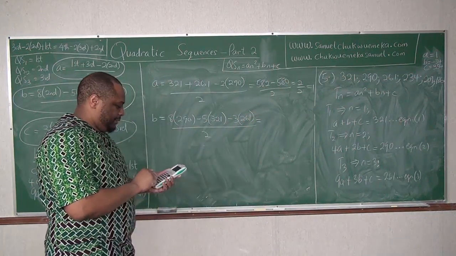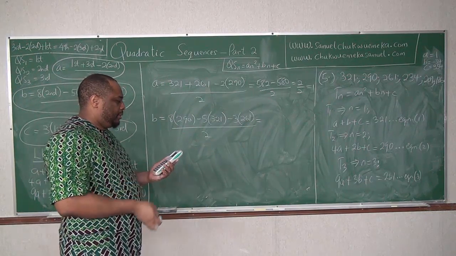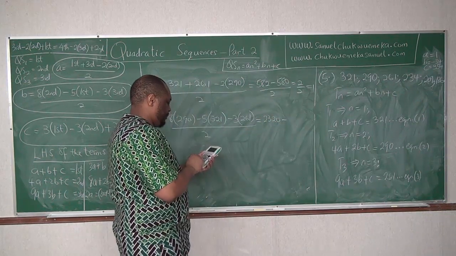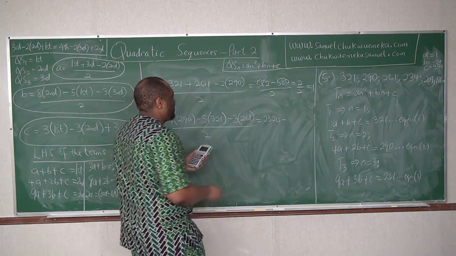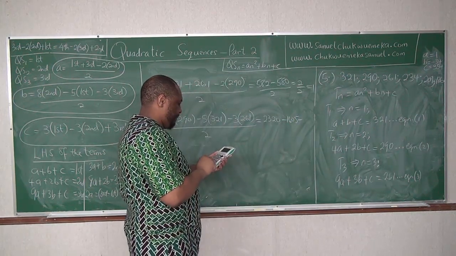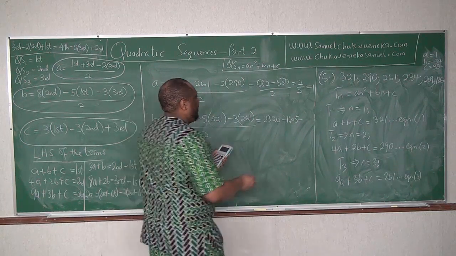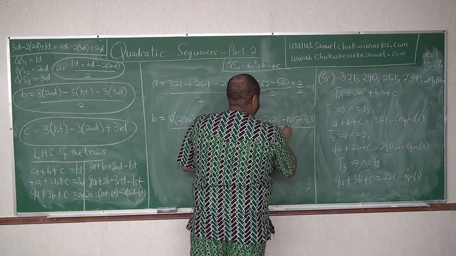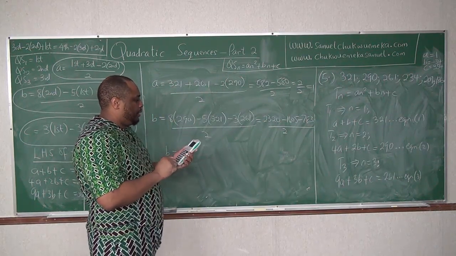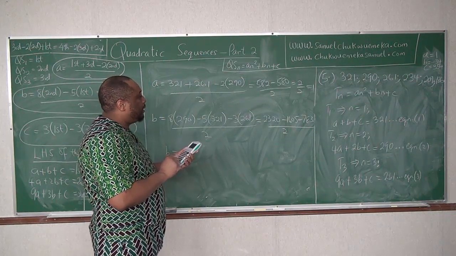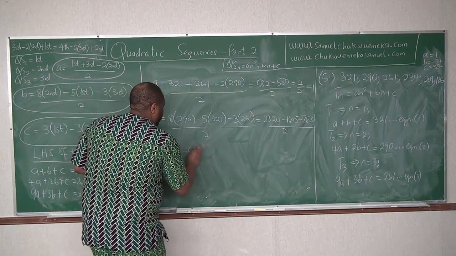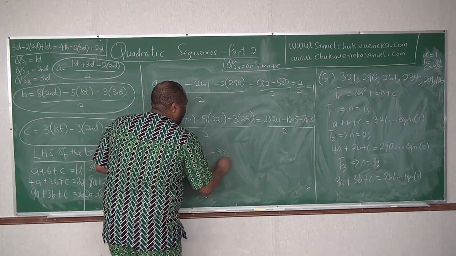So this gives 2320 minus 1605 minus 783, over 2. So b gives us minus 68 over 2, and that gives us minus 34.